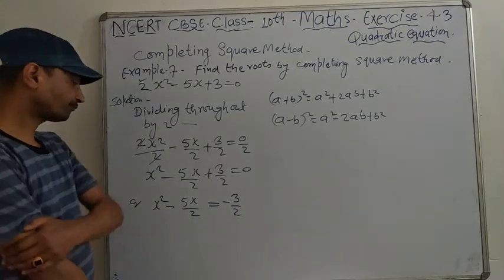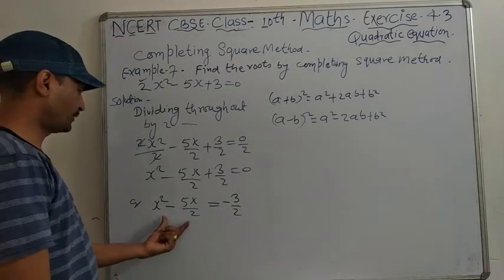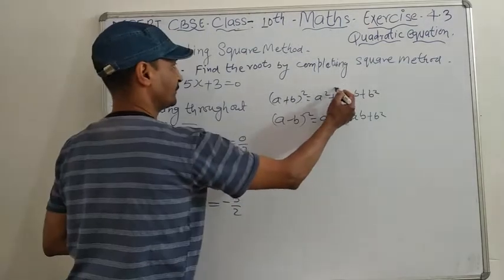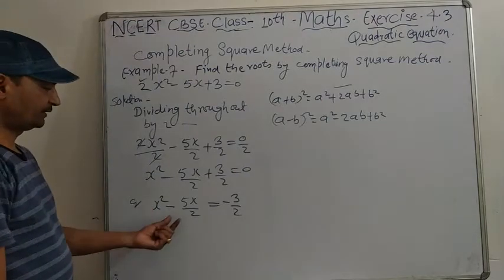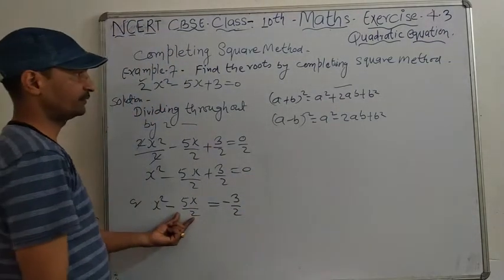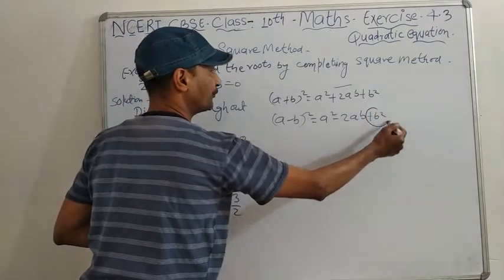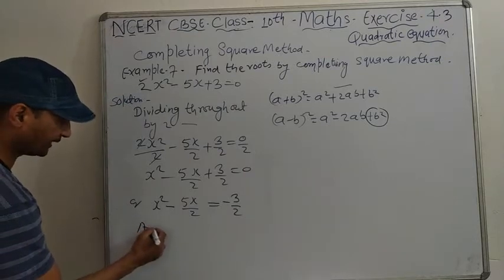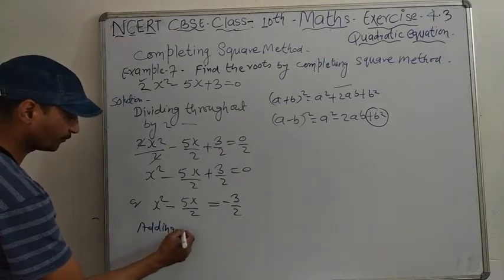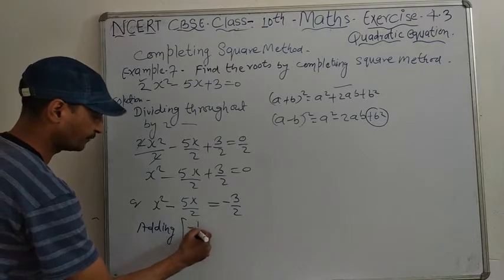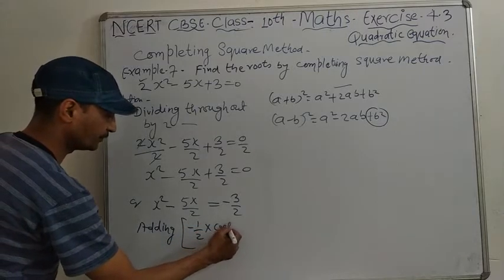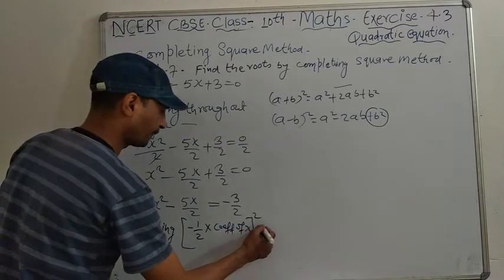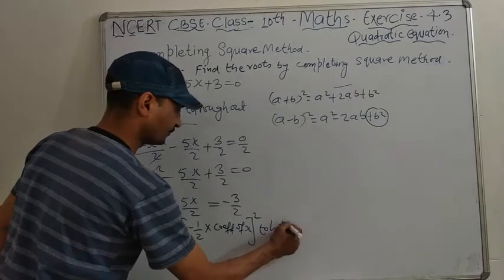Now see here, x square is here, and it is minus, that means minus 2ab is here. We will have to find b square. How to get b square? One small technique: add, in the bracket, minus 1 by 2 into the coefficient of x, whole square, to both sides.